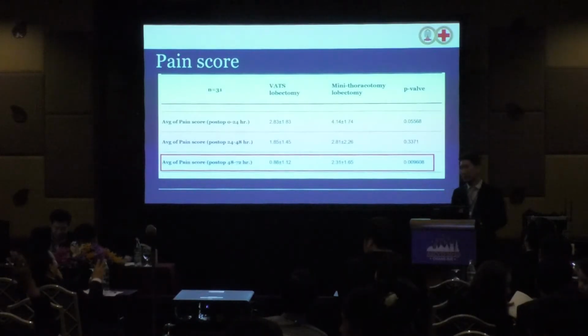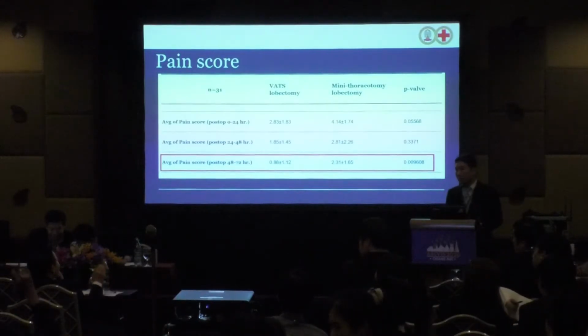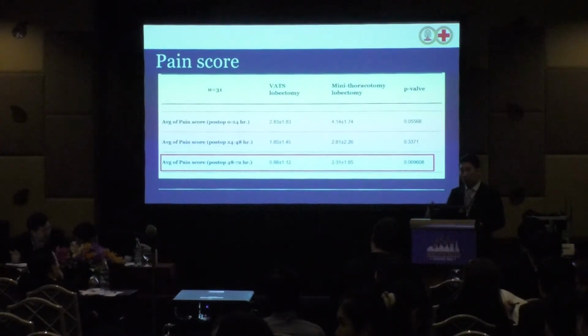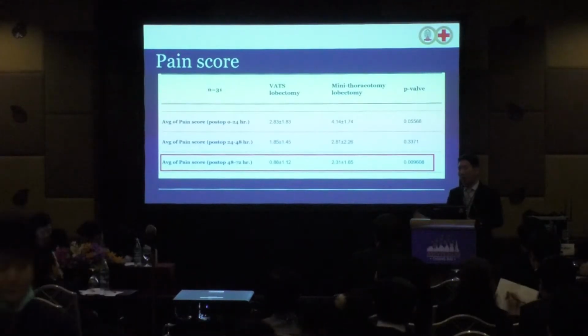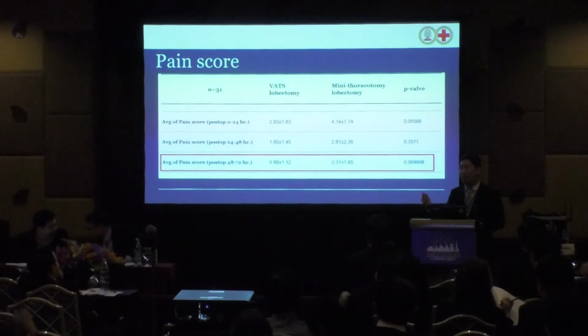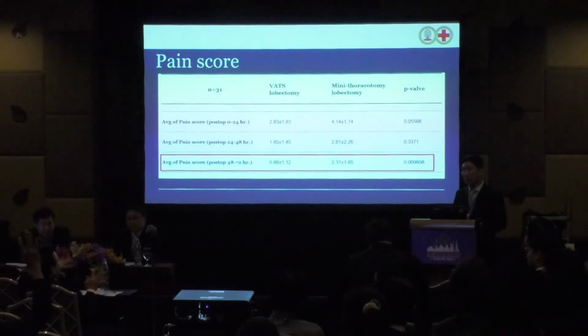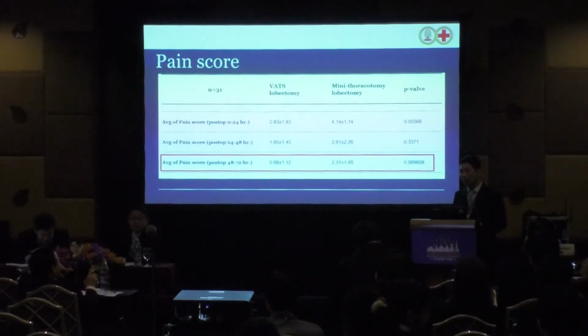But in both groups, you didn't control pain the same? Yes, the same. We use an intercostal nerve block, and post-op pain we control by fentanyl PCA. So both procedures do not differ in pain control?